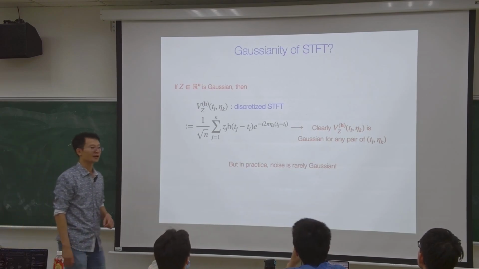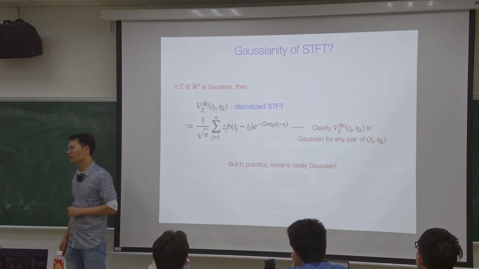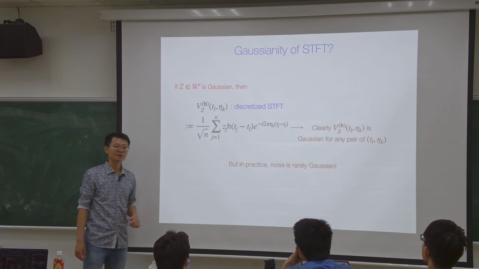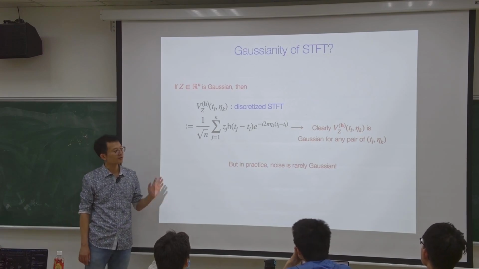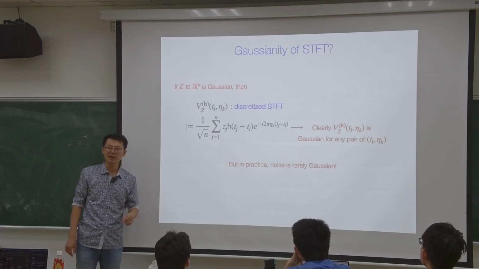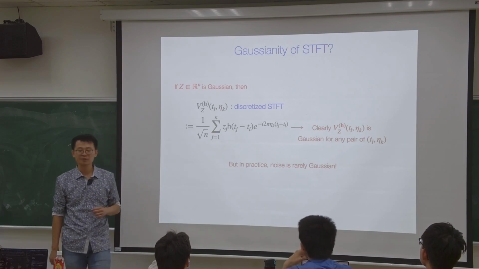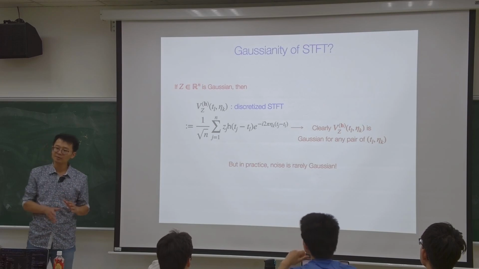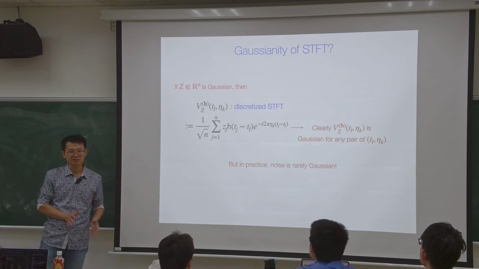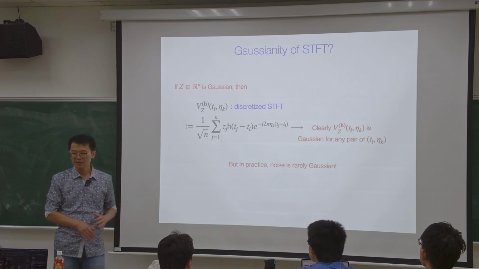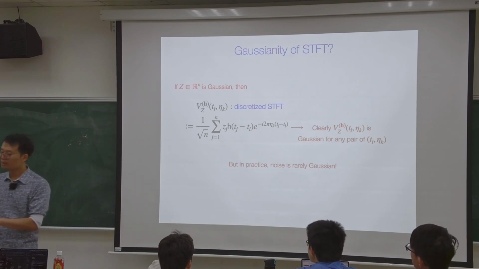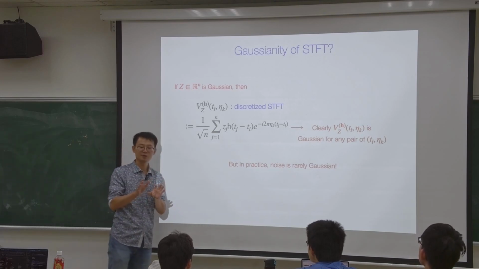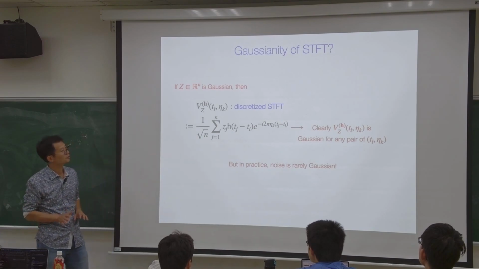Okay, first, I want to tell you a bit of a story about the Gaussianity of the short-time Fourier transform, because this is the starting point of analyzing signals with algorithms like synchrosqueezing, or if you like to study random processes using time-frequency analysis, like you asked, then you may need to understand the structure or the behavior of the short-time Fourier transform.